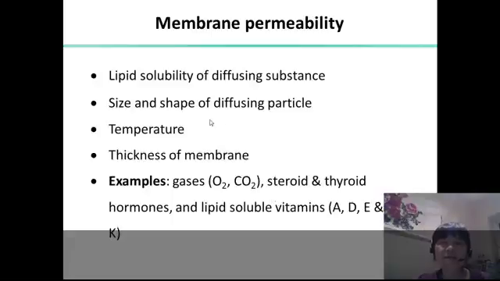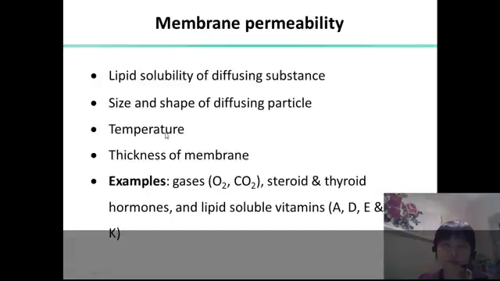So the membrane permeability is related to the lipid solubility of diffusing substances. For example, oxygen and carbon dioxide are very easy to dissolve in lipids. Size and shape of the diffusing particle is important. The smaller, the easier it can cross.